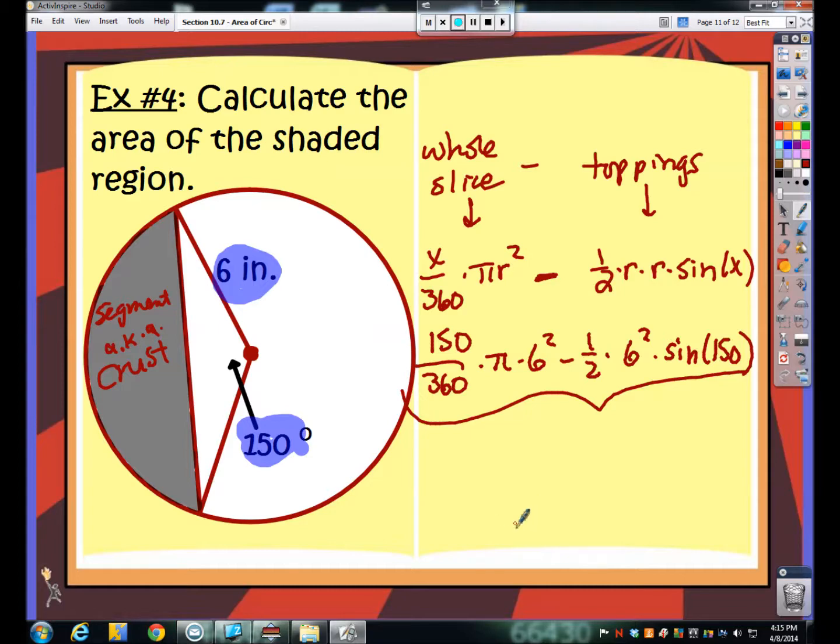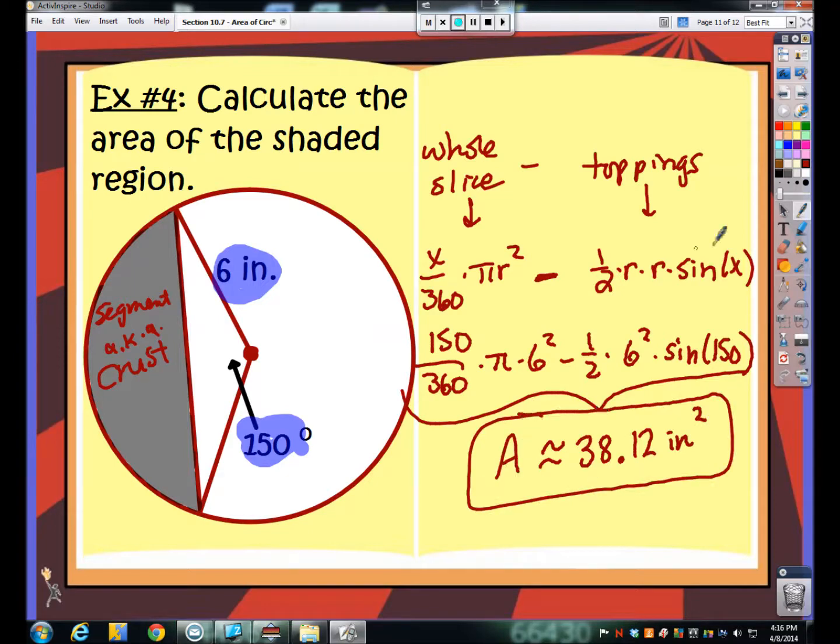We could work with something here, but let's just punch it in. I get 150 over 360 times pi times 6 squared minus 0.5 or 1/2 times 6 squared times sine 150. And I get that this is approximately, to 2 decimal places, 38.12 inches squared for the area.